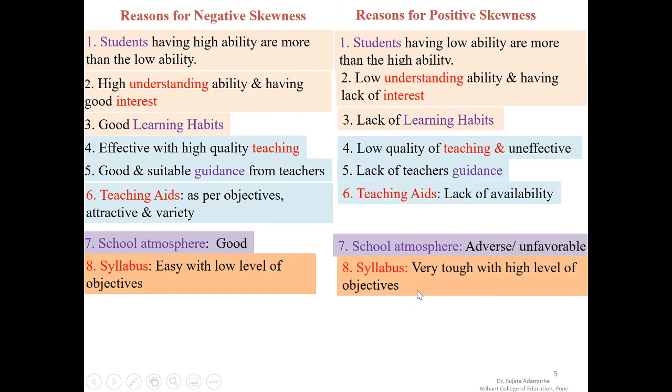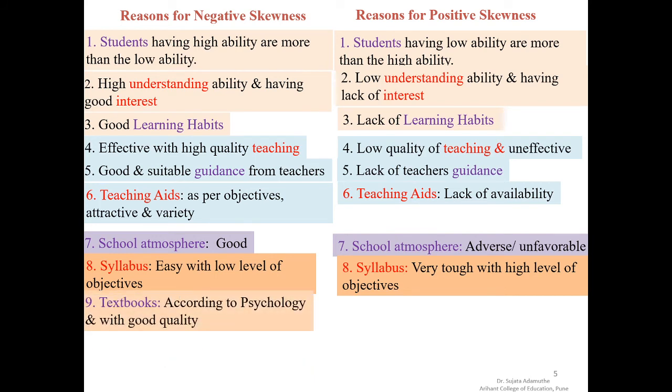Opposite of that, if a very tough, high level objective syllabus is given to the students, then they will get low scores. For example, again for 8th standard students, if we give the syllabus of 10th standard students, then it will be very tough with high level objectives, and students will get very low scores in that test, and we will observe the positive skewness here.